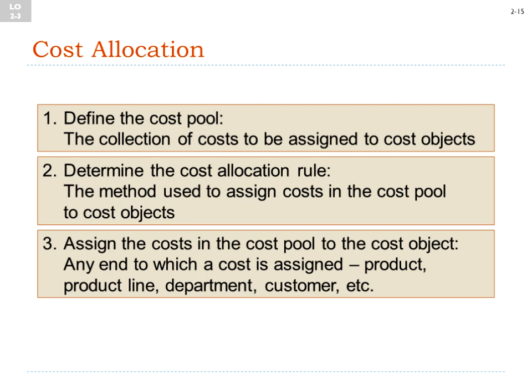The first step is to define the cost pool, then determine the cost allocation rule, and then assign it to the cost object. The cost object can be something like certain departments, or if you have several locations, each location might be its own cost object. I know these terms can be confusing, but once we get to the examples, they're going to be easier to understand.